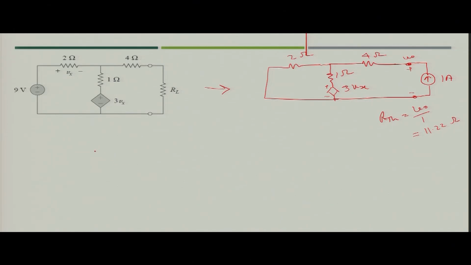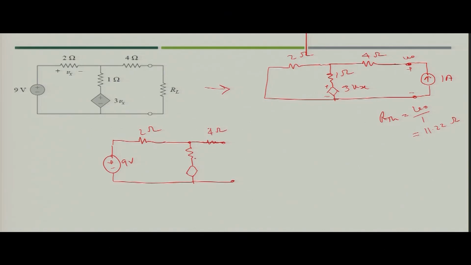Similarly, for V T H, what you have to do is solve this circuit where you have 9 volt as supply, 2 ohm, and you have resistance, then you have the dependent voltage source, and here you have 4 ohm resistance, which does not have any impact because the terminal is open circuited.